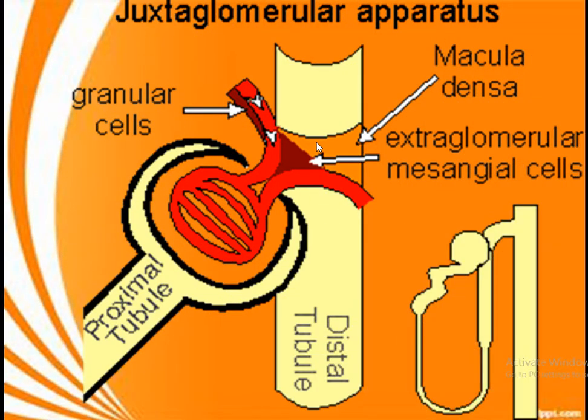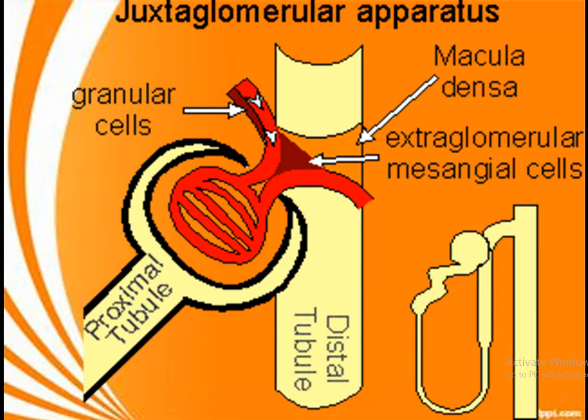Before going to further detail, I would like to explain what the juxtaglomerular apparatus is, or what the juxtaglomerular cells are, where they are present and how they are acting, because this is the base of the renin-angiotensin mechanism.